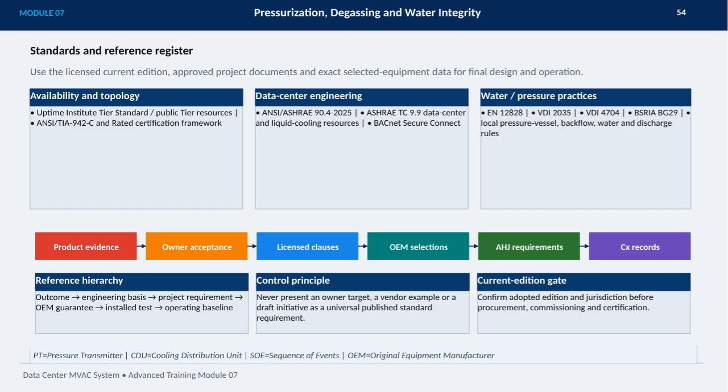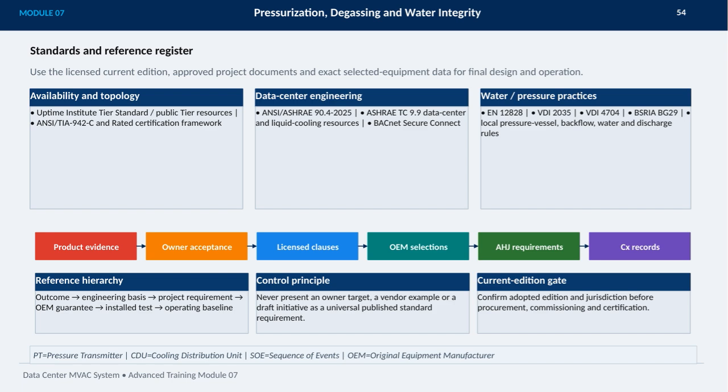Key standards include the Uptime Institute Tier Standard for Availability and Topology, ANSI/TIA 942-C for rated certifications, and ANSI/ASHRAE 90.4-2025 along with ASHRAE TC 9.9 for data center engineering and liquid cooling. For water and pressure practices, important references are EN 12828, VDI 2035, and BSRIA BG 29, plus relevant local codes.